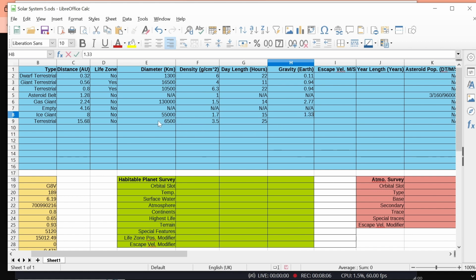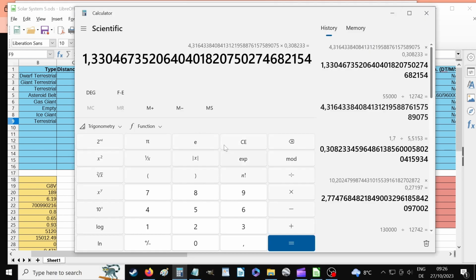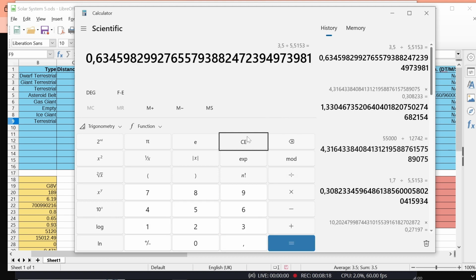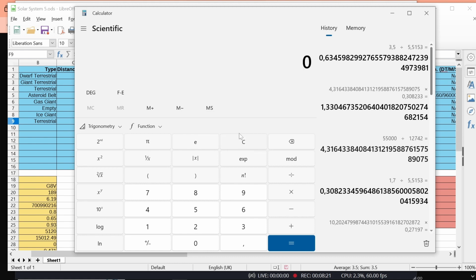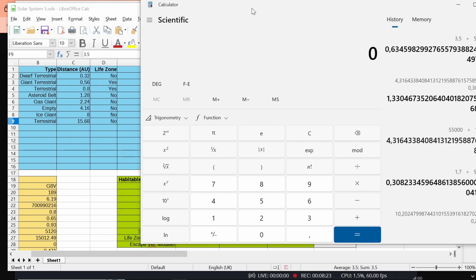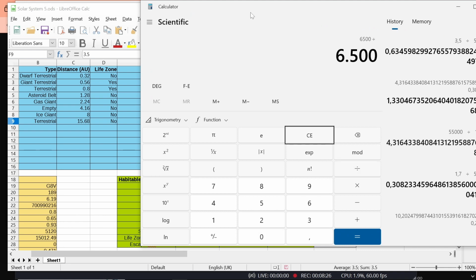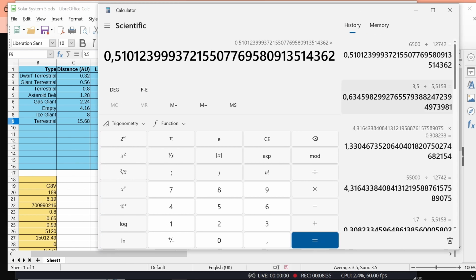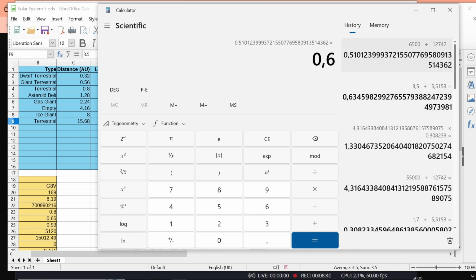Our terrestrial has a diameter of 6,500 and a density of 3.5. So 3.5 divided by 5.5153 equals 0.634. The diameter was 6,500. 6,500 divided by 12,742 equals 0.51, multiplied by this number, which is 0.6345982.